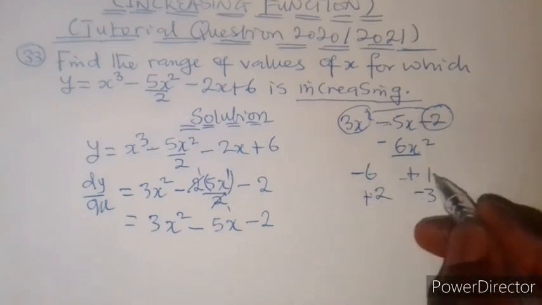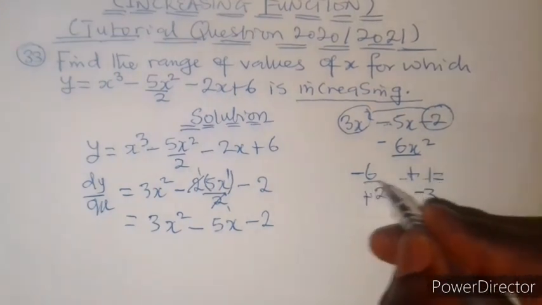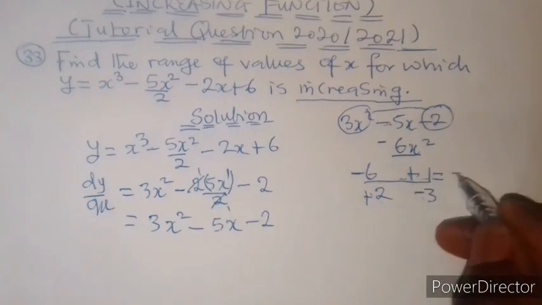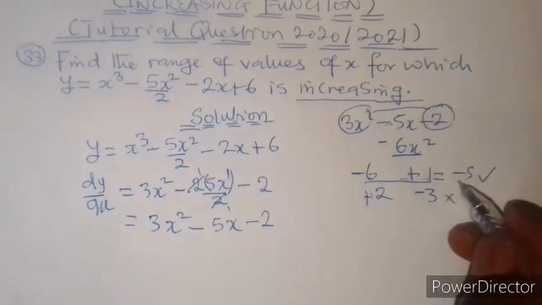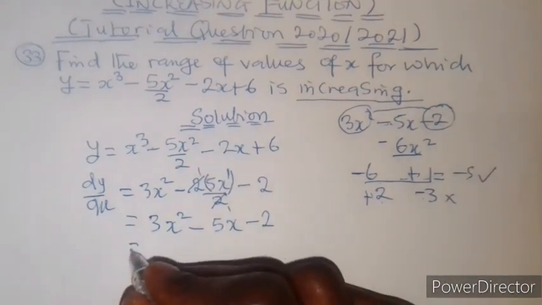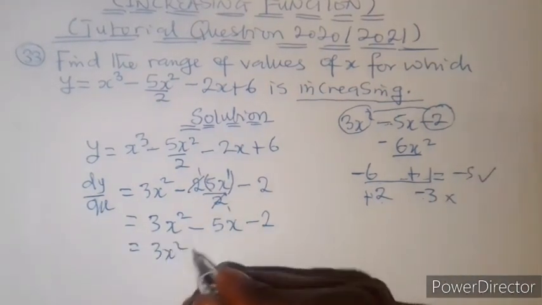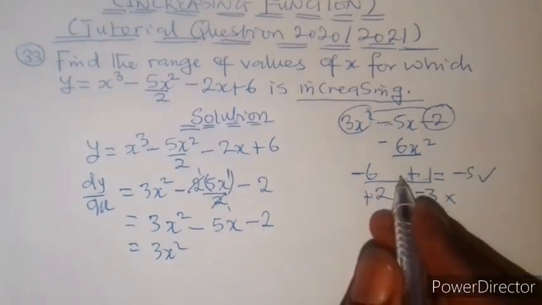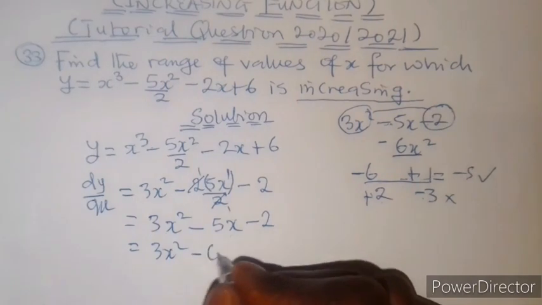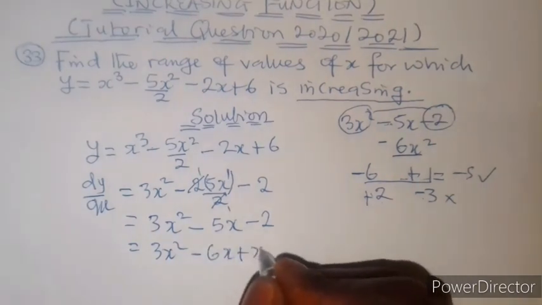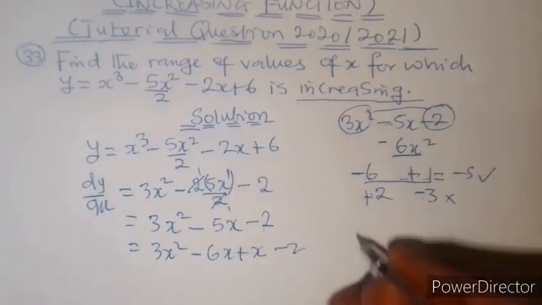If we simplify the first, minus 6 plus 1 gives us minus 5. So that is what we are looking for. Then we ignore the other. We write our 3x squared and replace minus 5x with those two factors, minus 6x, then plus 1x. Then we write our minus 2.